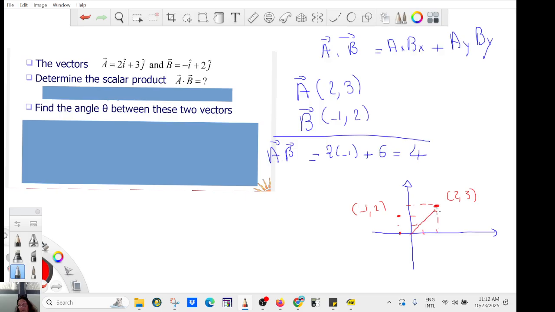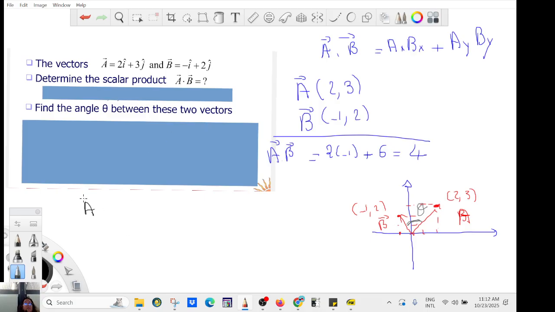So you have one vector here, vector A, and this is vector B. And you have an angle here between them. And then they ask you to find the angle between the two vectors.